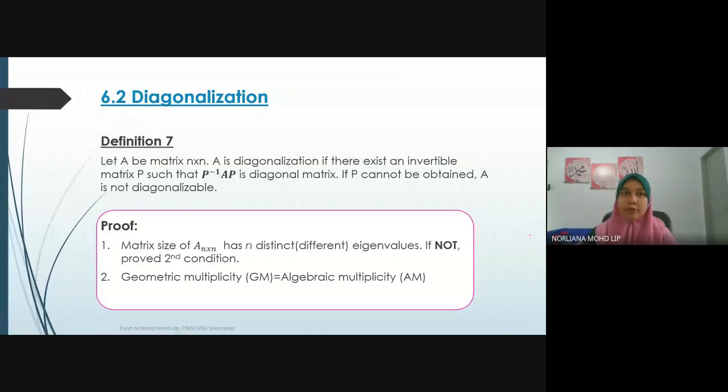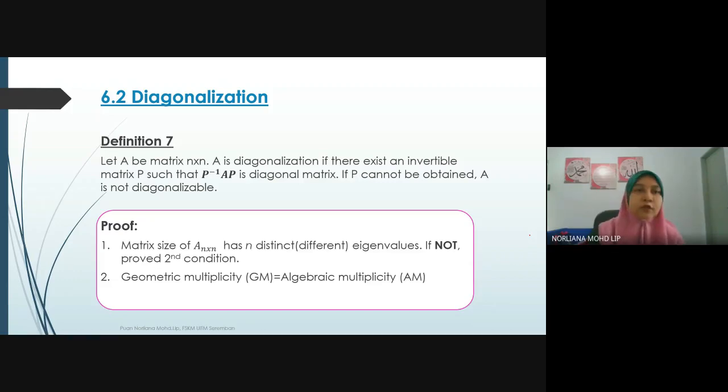Okay, so kita tengok new subtopic. Okay, to find the diagonalization of a matrix. You can look at textbook page 289, the diagonalization.